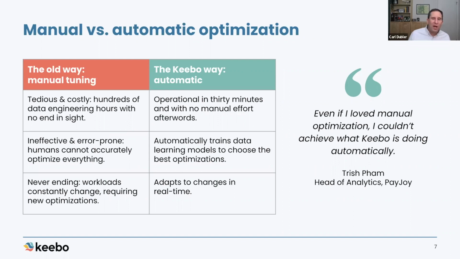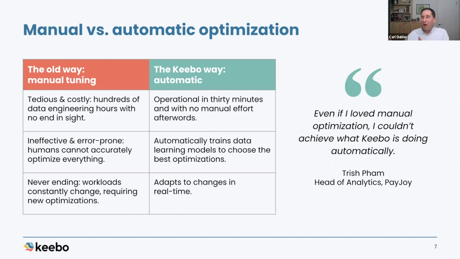So the automatic way, well, basically it takes us about 30 minutes to set up Keebo. You'll see the settings here in just a minute. And then you don't need to do anything. Let the robot do all the optimization. Also, you'll see when I get into the setup, we look at a lot of data. We look at all of your usage going on in real time.